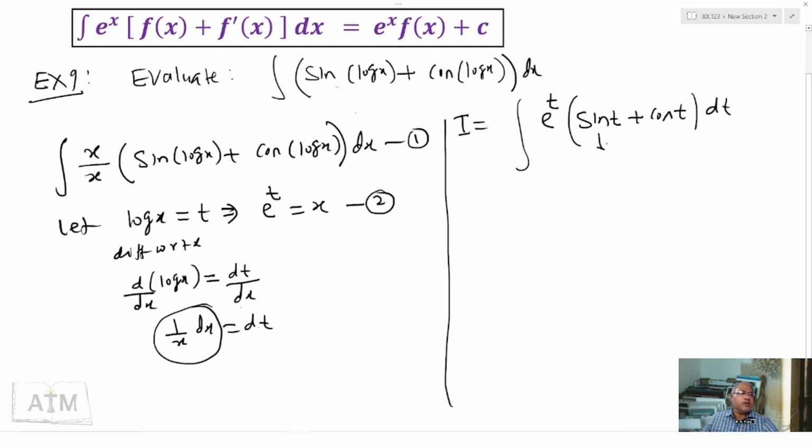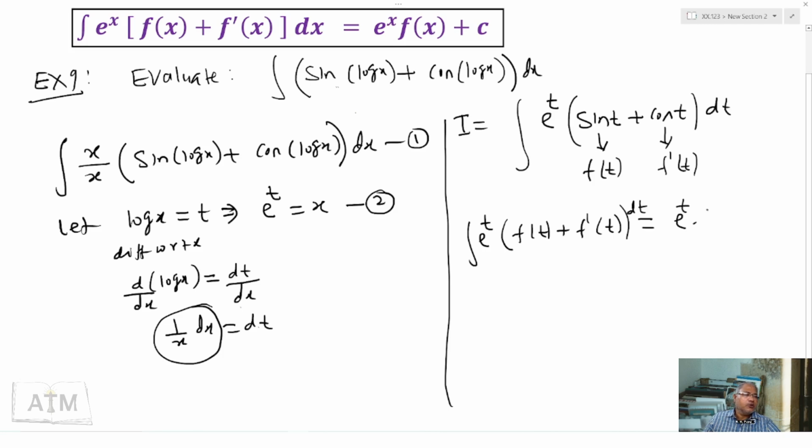Now this can be considered as f of t. Then the derivative of f of t is nothing but cos t. So integration of e raised to t (f of t plus f dash t) with respect to t equals e raised to t into f of t.